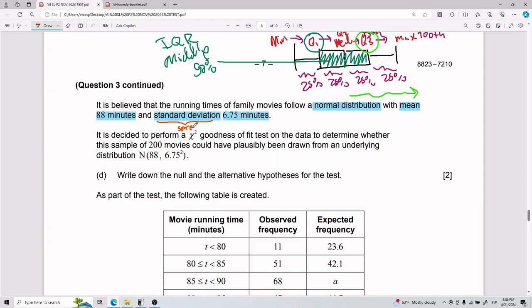A bigger standard deviation means that your data is much more spread out. And the mean, 88 minutes, we can associate with average. So on average, these movies last 88 minutes, and the spread from one to the other is usually 6.75 minutes.